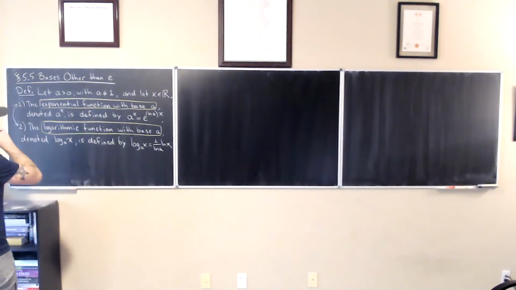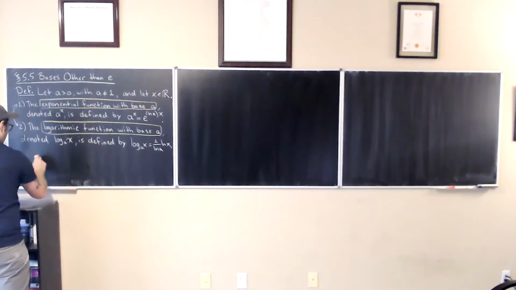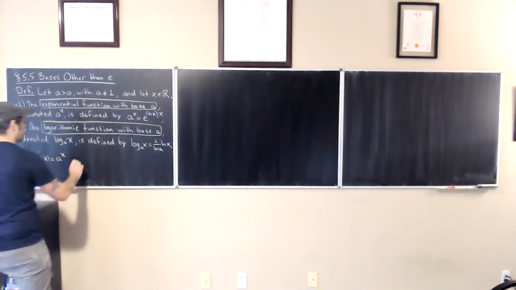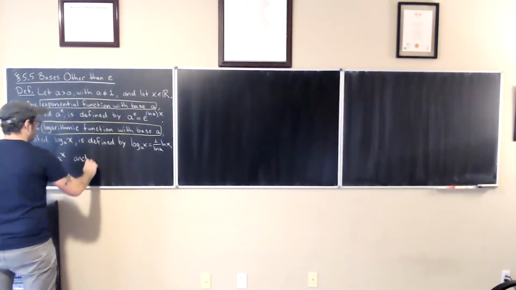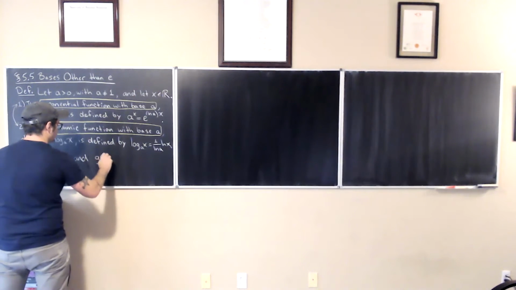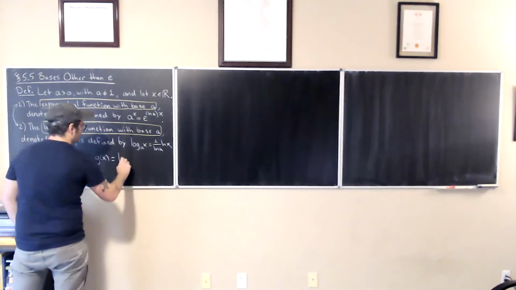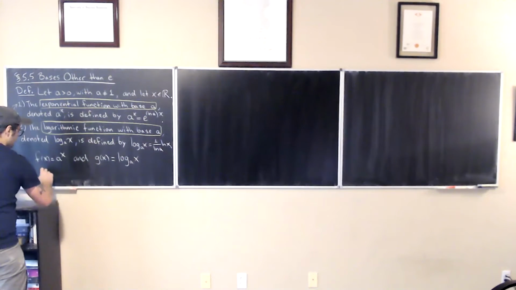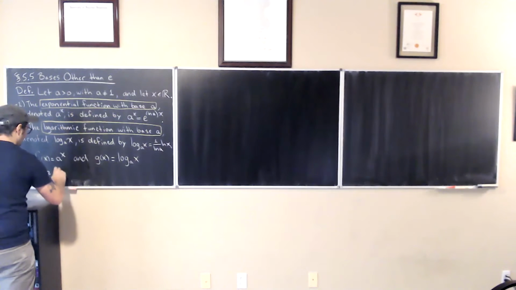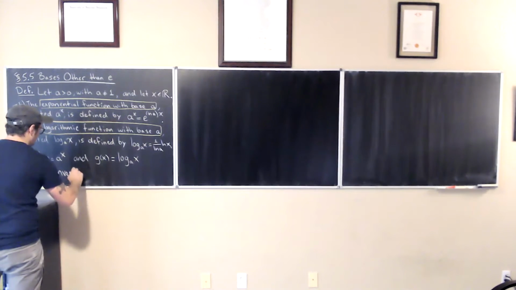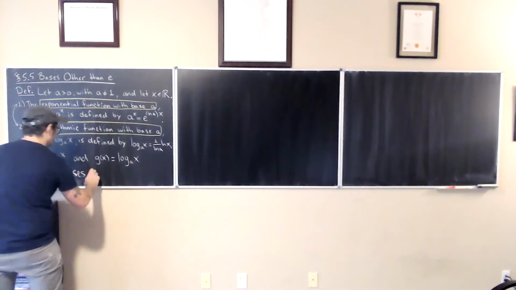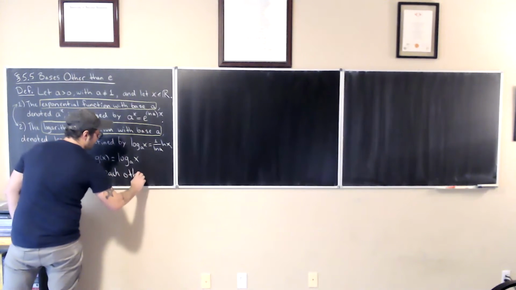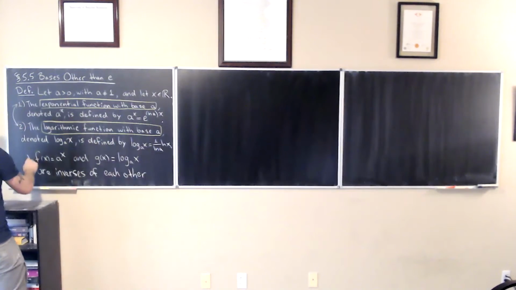So if I say f of x equals a to the power x and g of x equals log base a of x, these two functions are inverses of each other. And again, provided a is greater than 0 and not equal to 1.